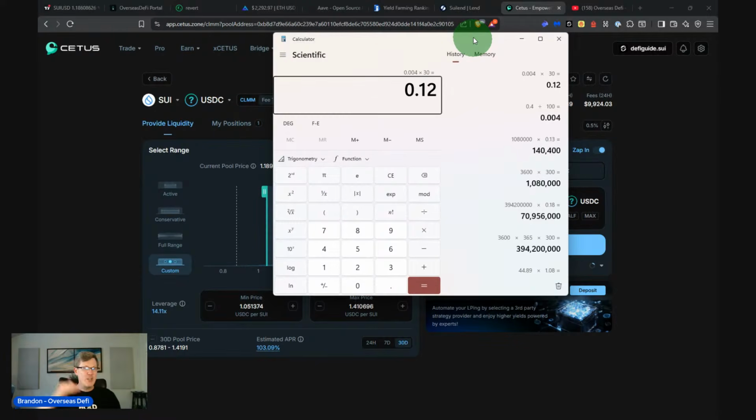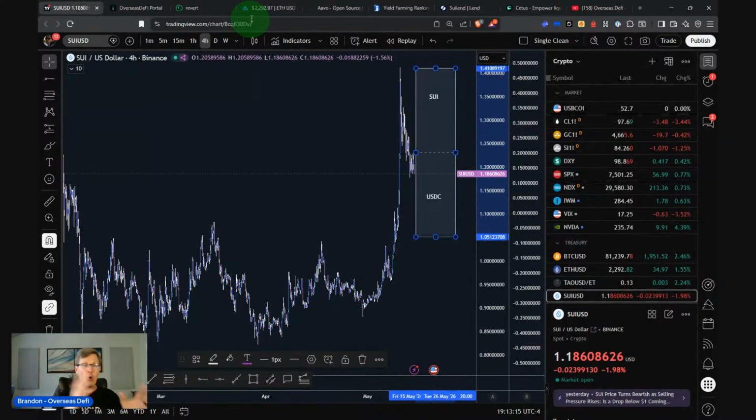If the price goes outside of your range, that's a whole other topic. Okay, that's a decision point. If the price escapes my range, I have a decision to make. One thing I can do is move my range. I can close out that position and open a new position with a different range and get back to earning. But the main point is that if the price escapes your range, you're going to stop earning.